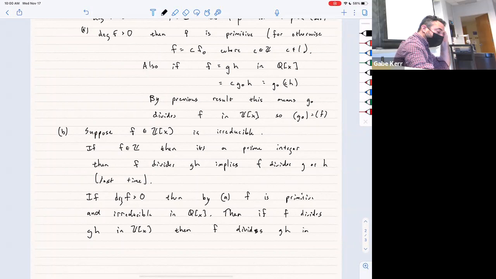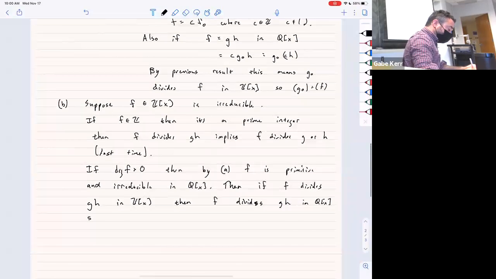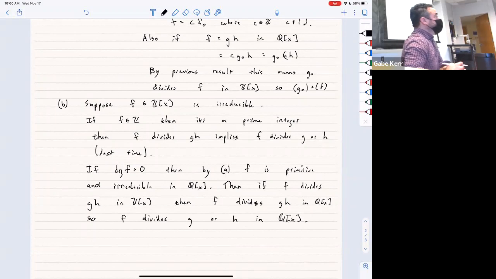But now we are in a PID. We are in a situation where irreducibility implies primeness. Q is the rationals, a field, so Q[x] is a PID. So in particular, f divides g or h in Q[x]. But f is primitive.